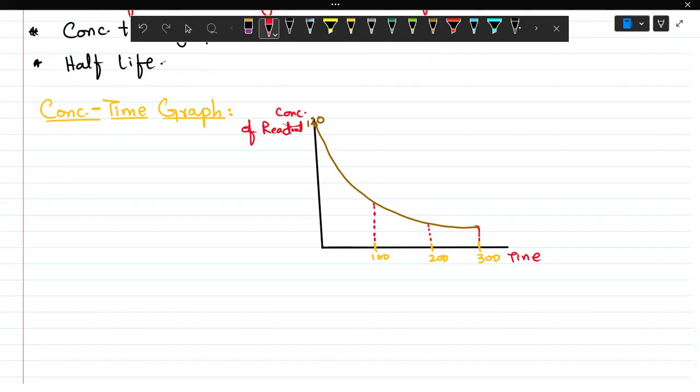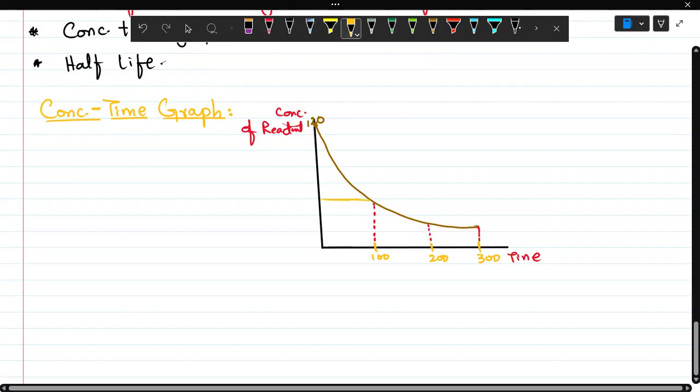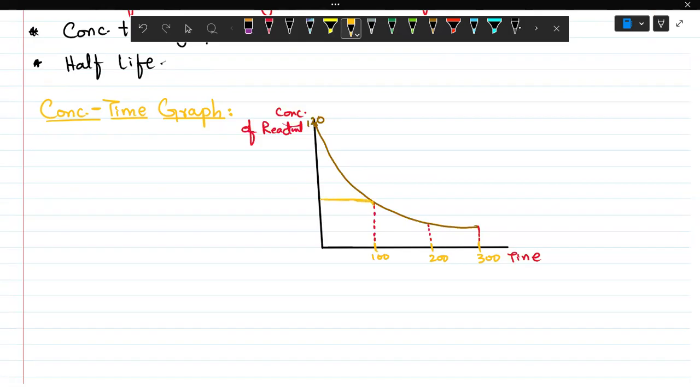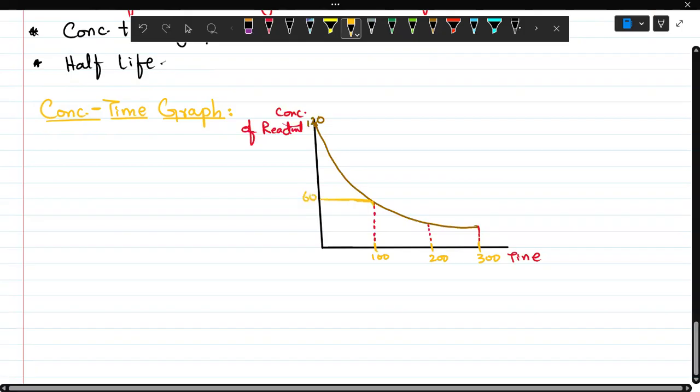If I give you a very simple value for understanding, this is the value here, and let's say this is 60. Do consider this as a rough graph.